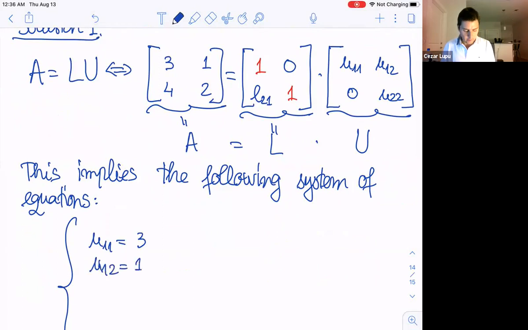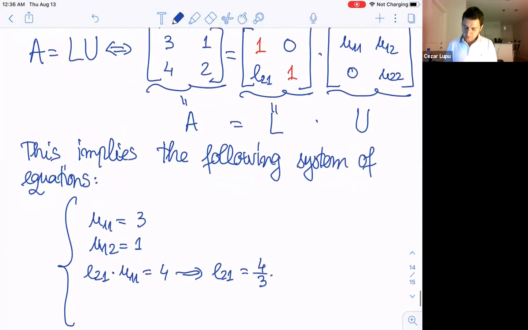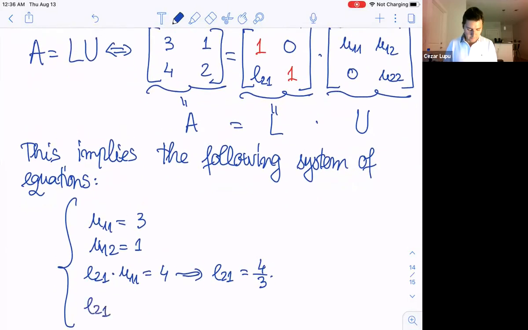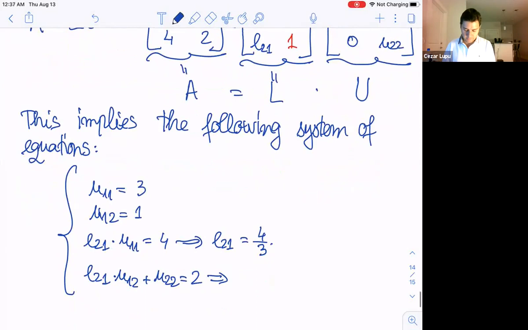Then L21 times U11 is 4, which will imply that L21 is 4 over 3. And then the last one, if we multiply L21 times U12 plus U22, right? It will be 2, which will imply that U22 is 2 minus 4 over 3, which is 2 over 3.